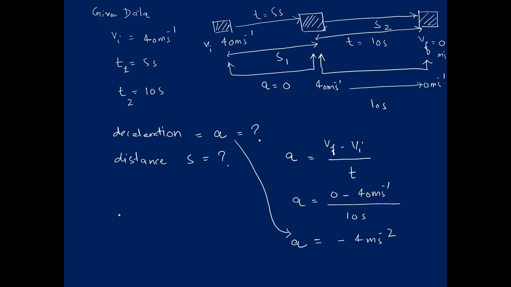First we calculate the distance when the car was moving with uniform velocity. S is equal to v multiplied by t for uniform velocity.